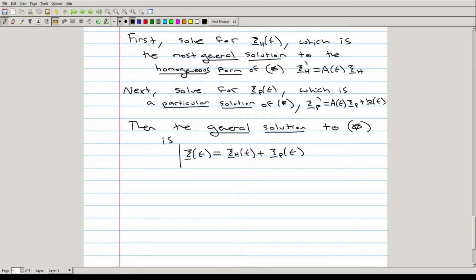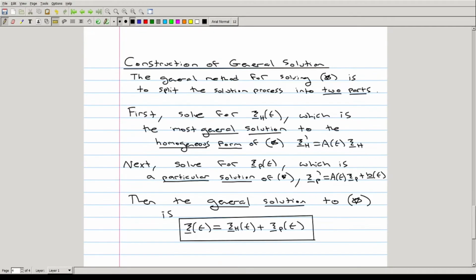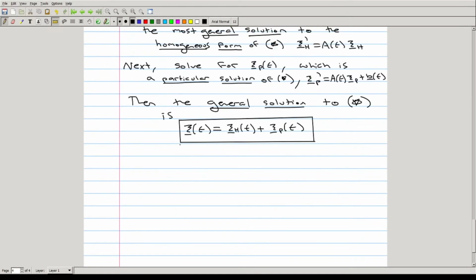And this is just one of the many times that we're going to use what's called the superposition principle, which is essentially an inherent property to all linear ordinary differential equations. And this is one of the things that makes solving a general linear ordinary differential equation system so nice.